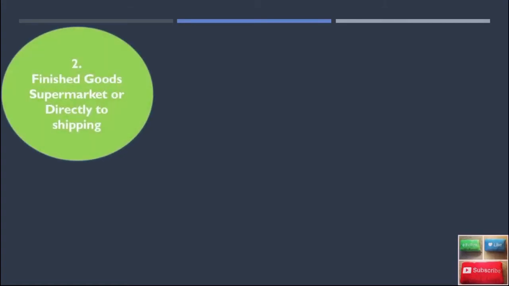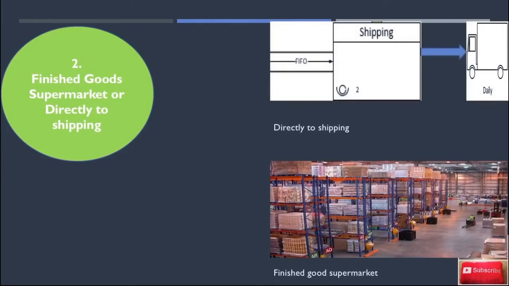Our next guideline is creating a finished goods supermarket, or producing and directly giving it to the customer or directly to shipping. There are two main things you can do after you produce any product.